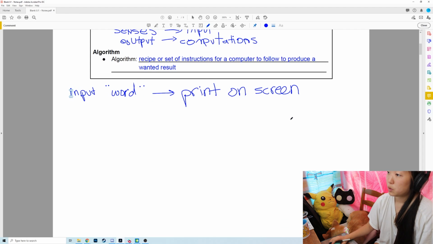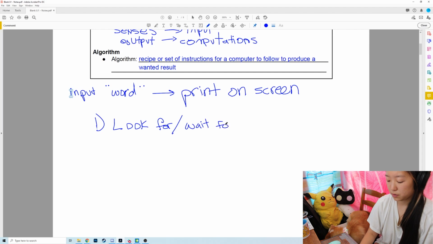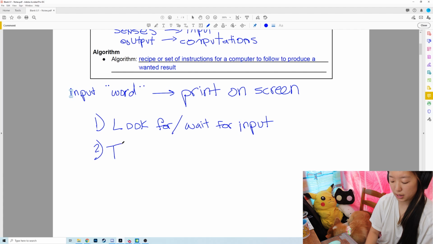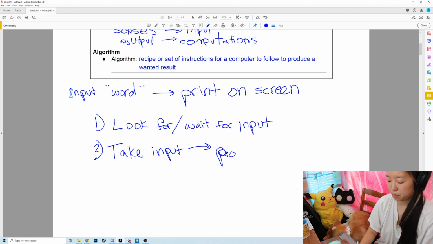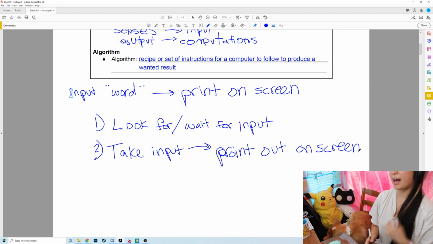So one thing that would be good to do is write a few steps. Maybe the first step is we want to wait for input. And then the second thing would be to take input and then print it out on screen. So that's a very simple set of instructions. That is our very simple algorithm.